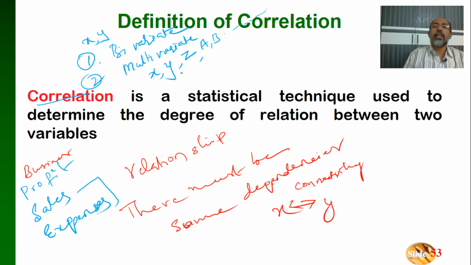This is the general phenomenon in business. Sales and expenditure also have connectivity. If you cut down the expenditure, naturally you will get less material and less production, and that automatically leads to lesser sales value. So expenditure and sales have interconnectivity. Likewise, sales and profit also have interconnectivity.